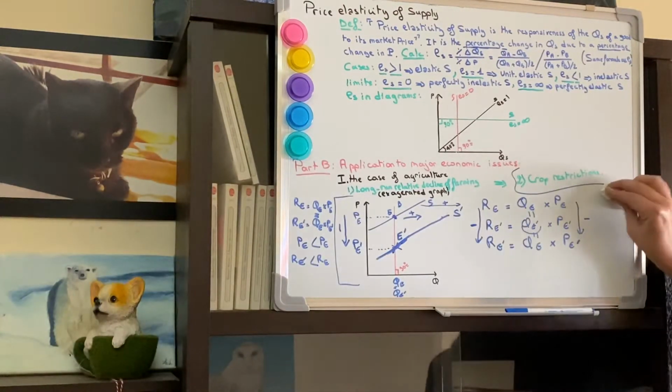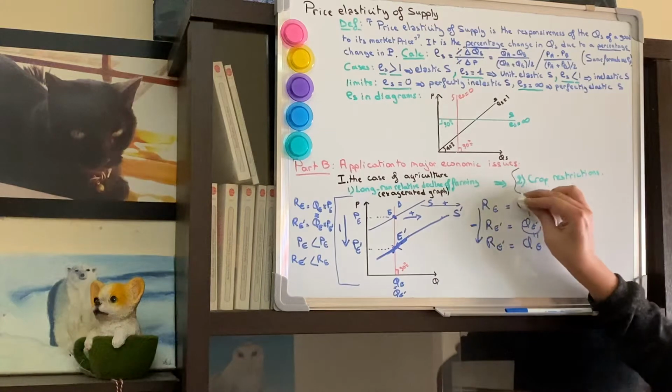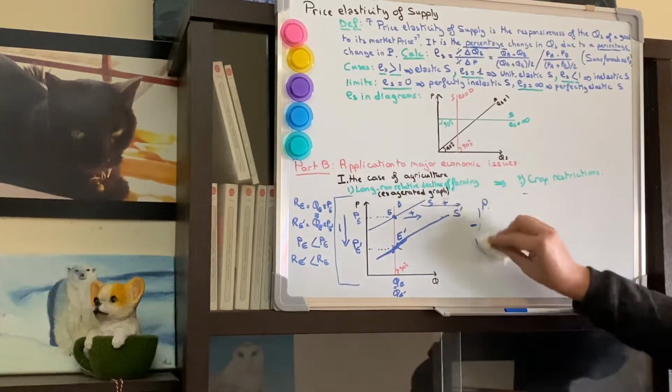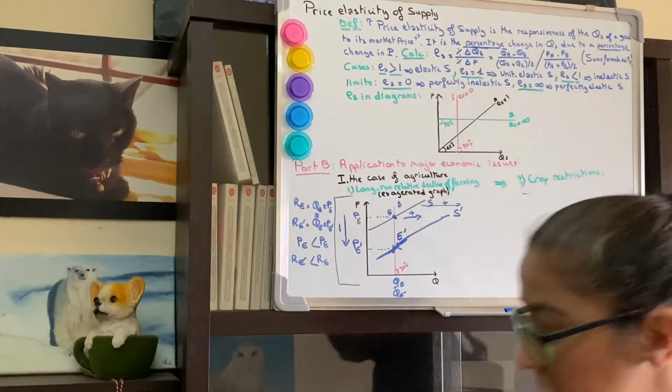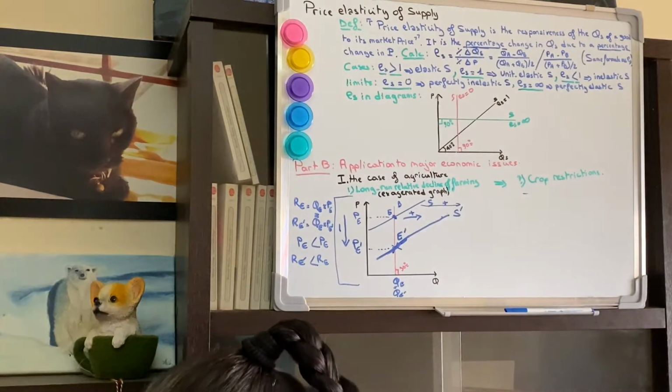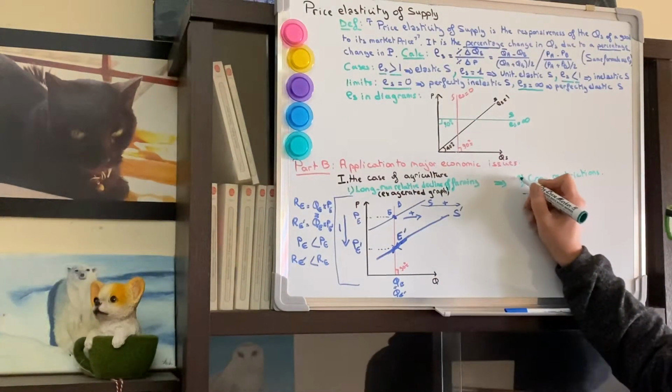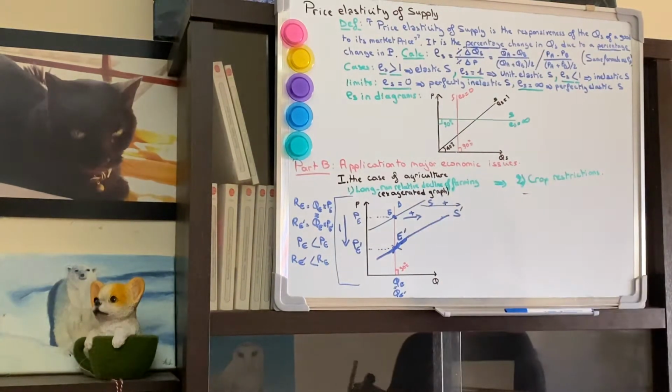So, what is the government going to do? It's going to call for crop restrictions. Okay, so that's little 2. It's a solution. I can show it on the graph because the graph is exaggerated.